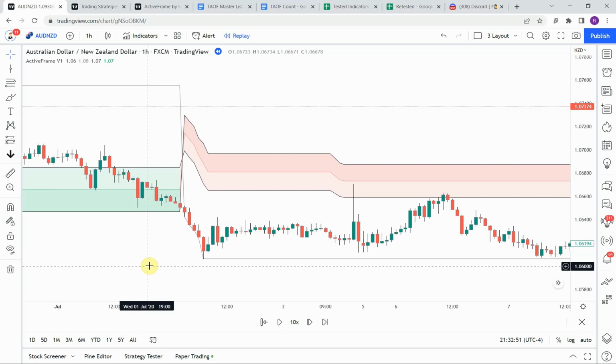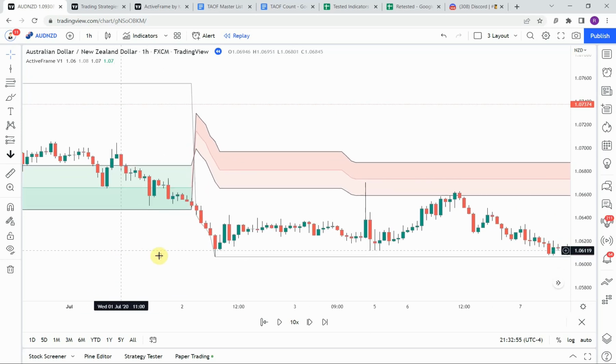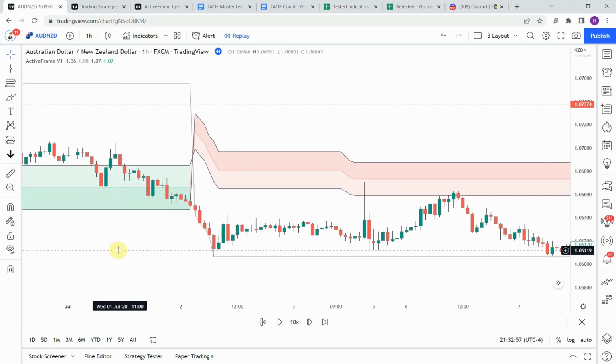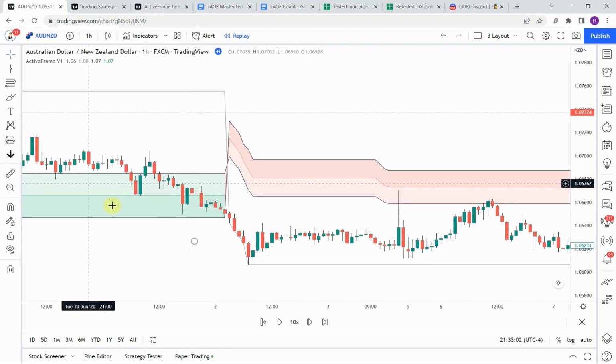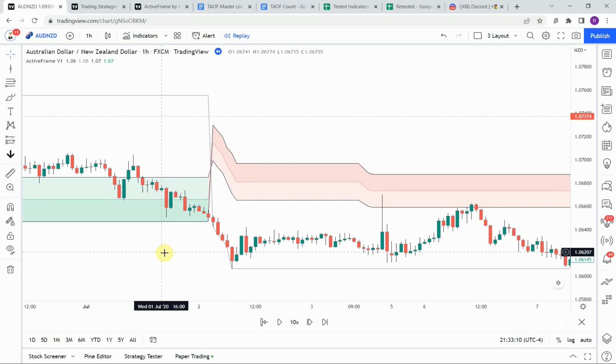And so the way we tested this indicator the first time was we looked for the shift, this color shift that we see here. And so you can kind of see the zones that appear here on screen. This one being the red one, this one being the green one.